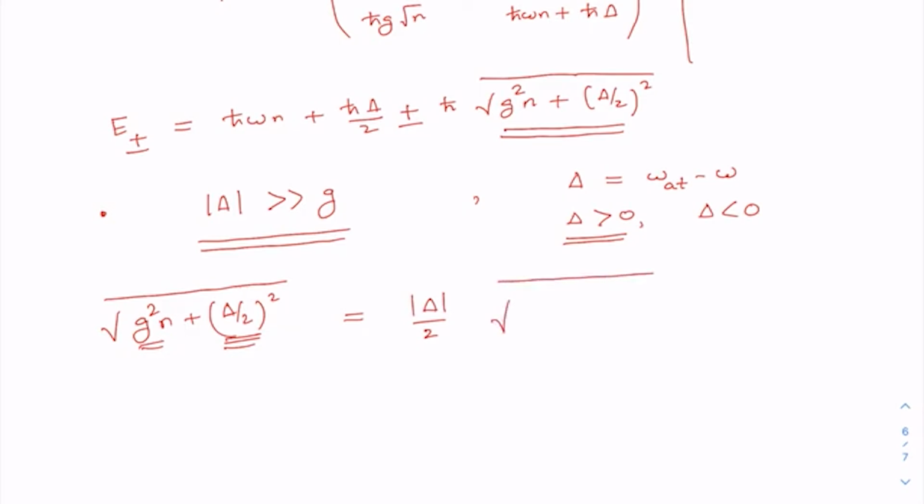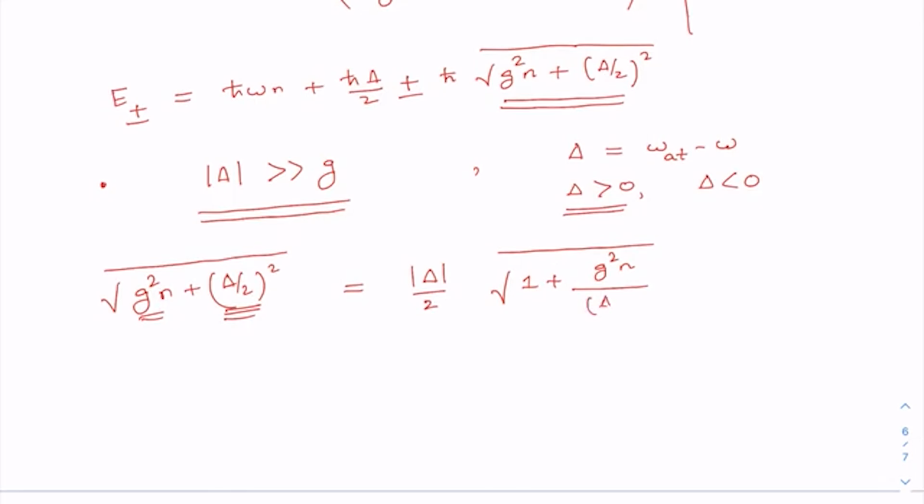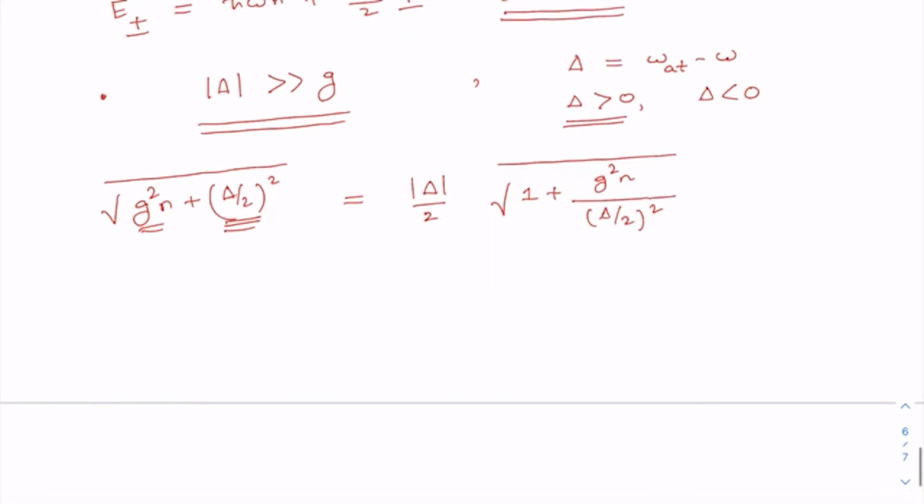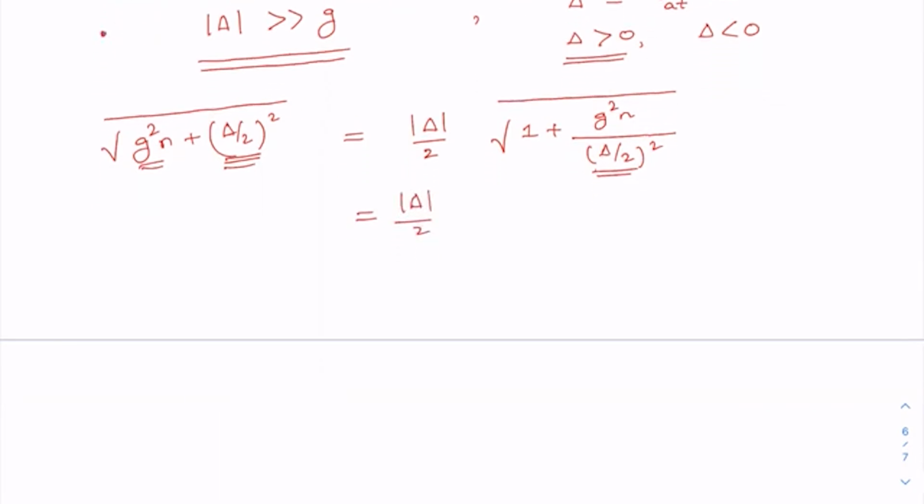Then I have here 1 plus Ω²n divided by (Δ/2) whole square. Now, because this term is smaller than 1, I can do a Taylor series, a binomial expansion.